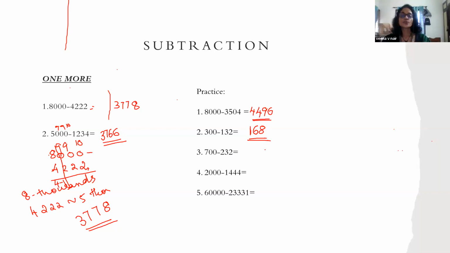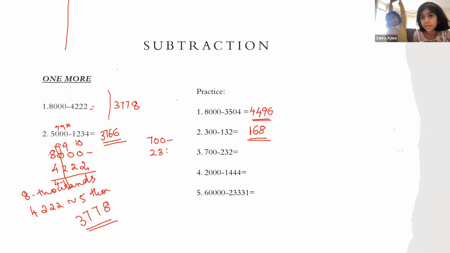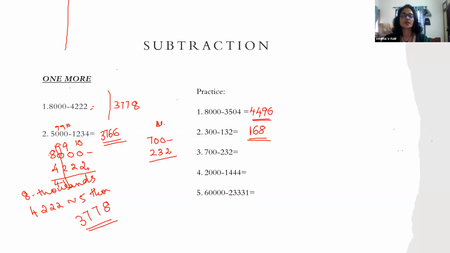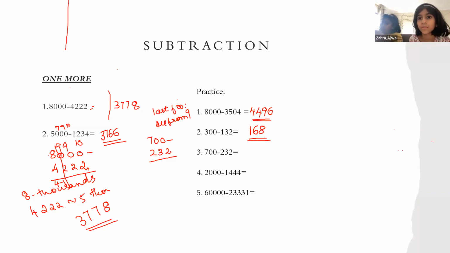10 minus 2? Let's write like this. These are zeros. So we apply all from 9, last from 10. Okay, what is 10 minus 2? 8.